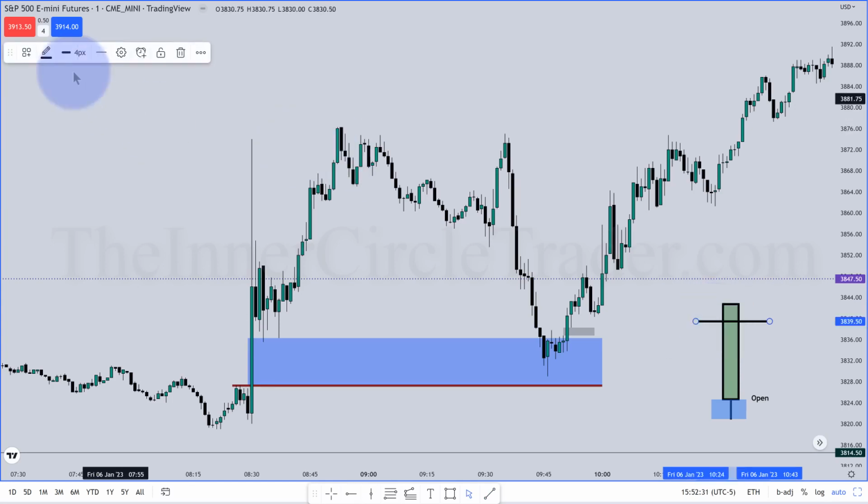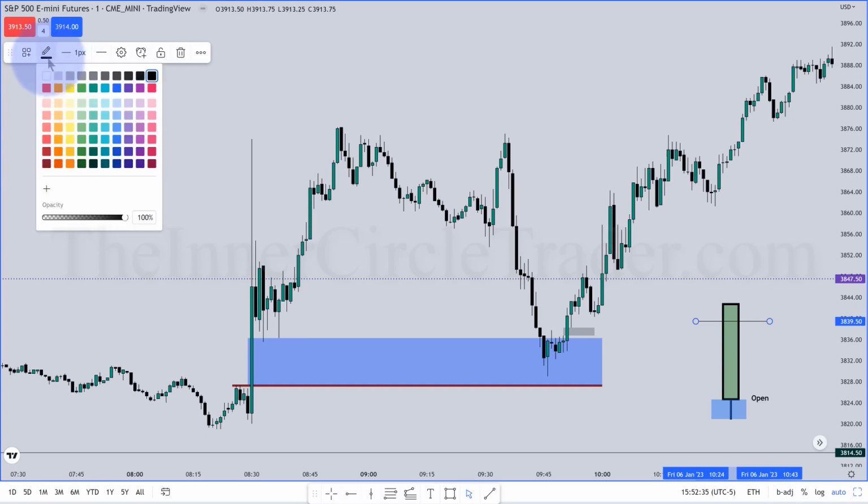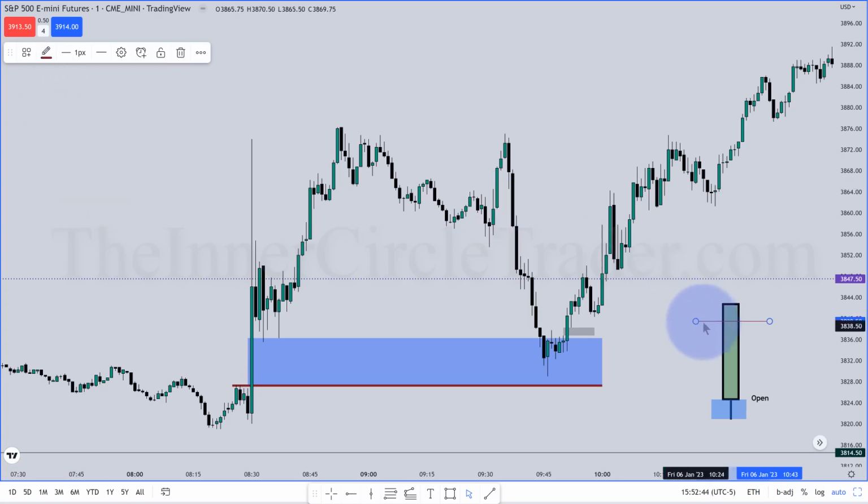I don't want to be unrealistic and say that you would have known about the volume imbalance had you not been watching the videos. If you would have watched the videos, then obviously you would have. But let's just say that was your draw on liquidity for buy side based on the weekly chart, based on what you expected in terms of higher time frame analysis.